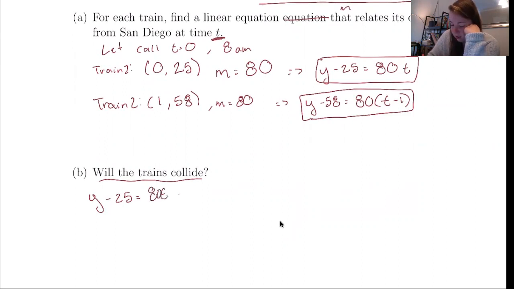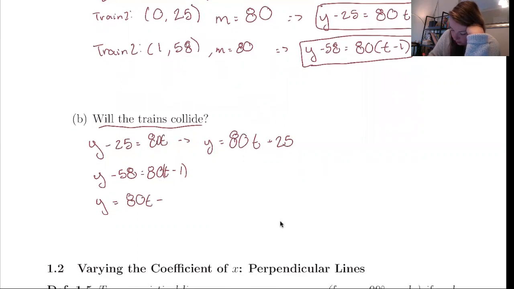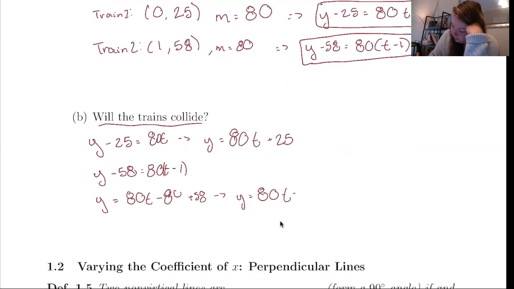y minus 25 equals 80t would go to y equals 80t plus 25 and y minus 58 equals 80 times t minus 1, which would be y equals 80t minus 80 plus 58, which would be minus 38.